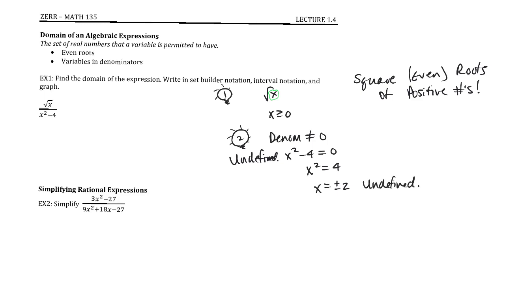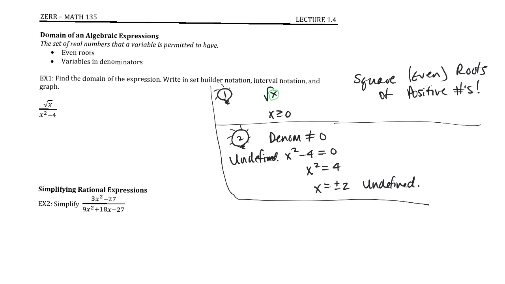If I put these two pieces of information together in a graph, looking at the domain, I would happily be going along thinking I was fine, everything bigger than 0, except if I got to 2, I would have to skip over that and leave this little undefined place.